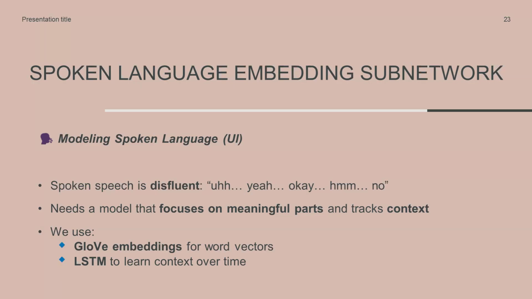We use a two-part strategy. First, we apply GloVe embedding to convert words into dense vectors. Then we feed these vectors into an LSTM, a type of recurrent neural network that's very good at modeling sequential data and capturing context over time.